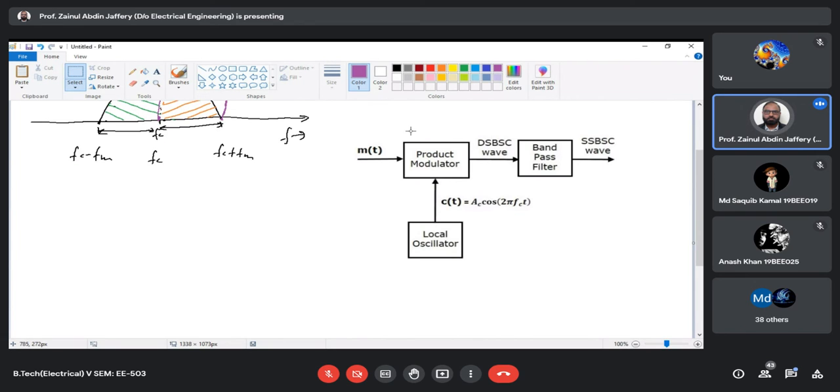Okay, so what we are using here, this is a product modulator. Actually, as I told you, the ring modulator that I have told you earlier is a kind of product modulator, right?